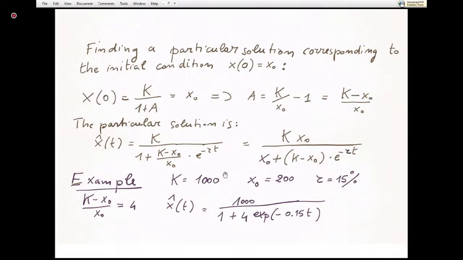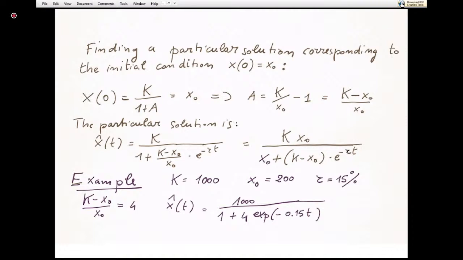For example, if the carrying capacity is 1,000, the initial level of the population is 200, and let's say the growth rate in the absence of constraints is 15% per unit time, this quantity that appears in the solution, k minus x0 divided by x0, is 800 divided by 200, so 4. So put 4 here, and this is the solution to your formula.